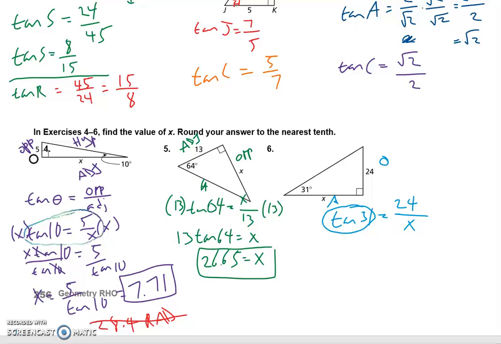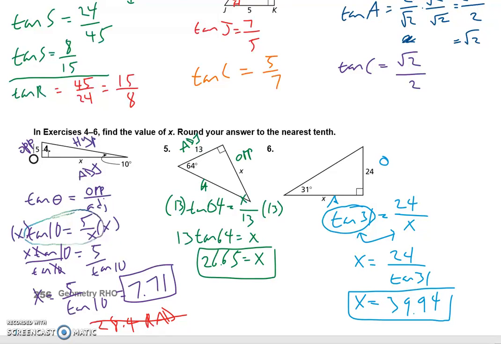This stays together, it's one thing, and they're going to swap. So x equals 24 over tangent 31. 24 divided by tangent 31, so x equals 39.94.